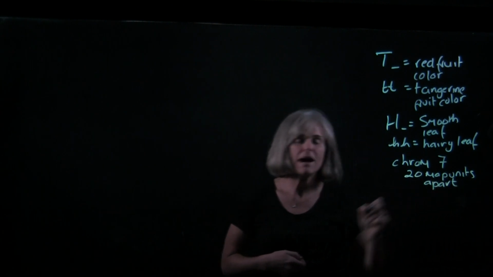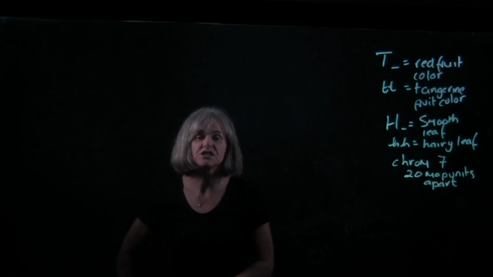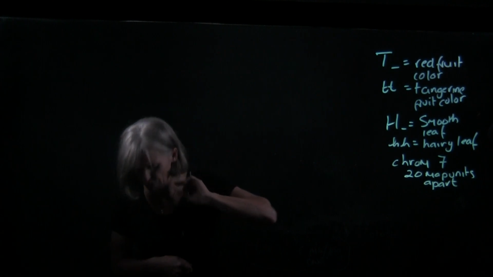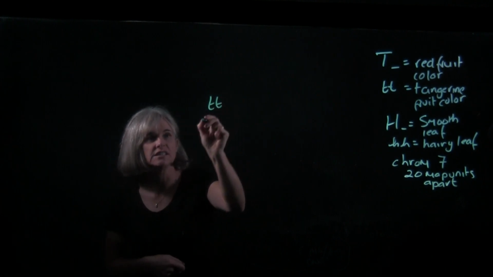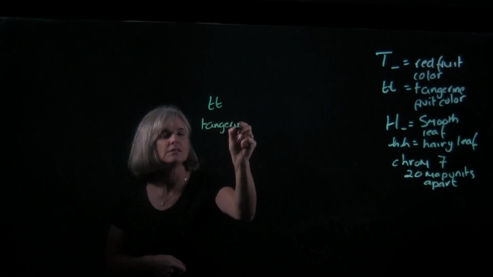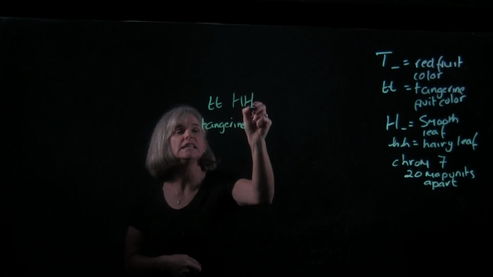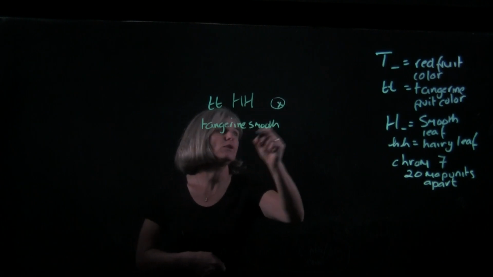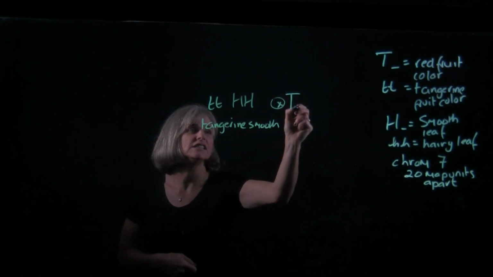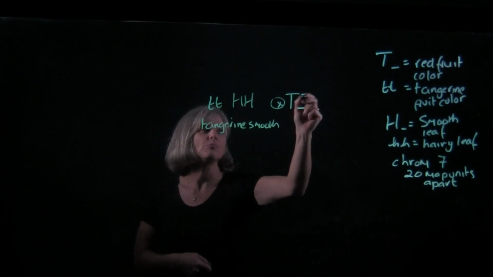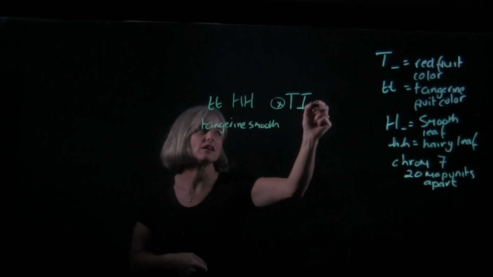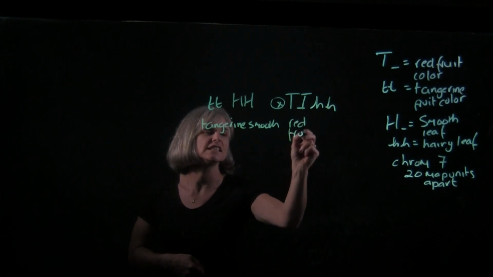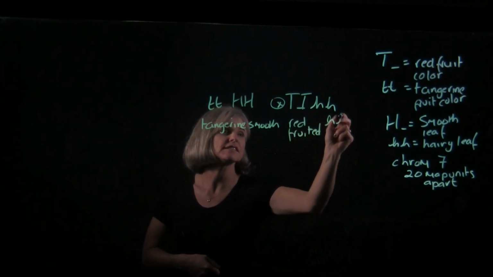So imagine that in this problem, a breeder takes a pure breeding tangerine and smooth-leaved tomato plant, and crosses it with a red fruit colored plant, a pure breeding plant, so that's homozygous dominant, and crosses it with a red fruited tomato that had hairy leaves.